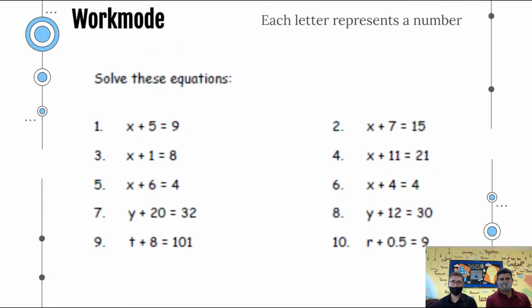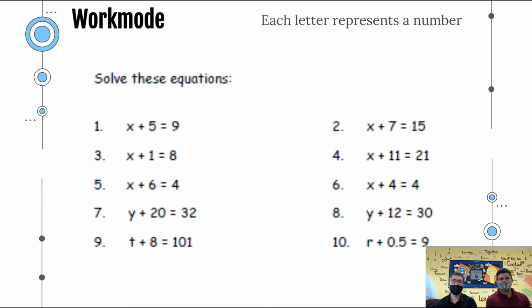So here, comparing with the video that you just watched, you can solve these equations. Just to give you a hint, if you have x plus 5 equals 9, think about which number x can be, okay?